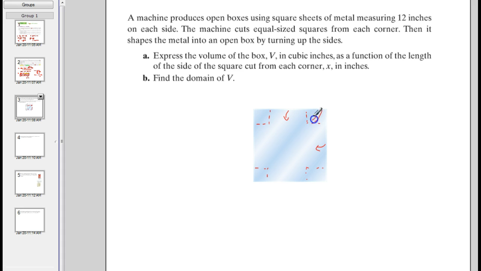These corners will then be gone, and I'll have something that just kind of looks like this. Then I'll just fold along these edges right here, fold them up, and I'll get something that kind of looks like a box.